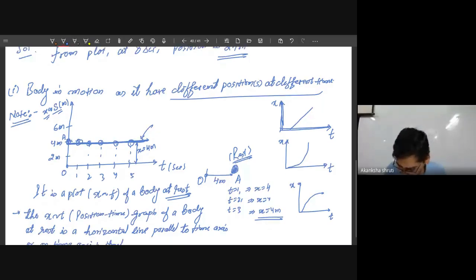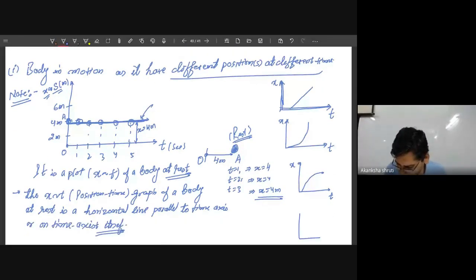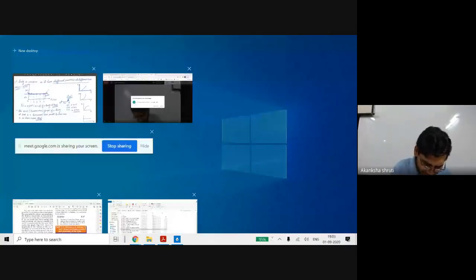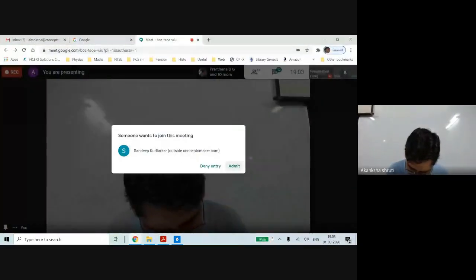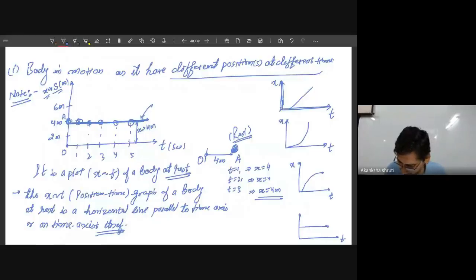But if the graph itself is parallel to the time axis, then it indicates that the position, say x1, is not changing. Whatever this position, the same is for all the time.